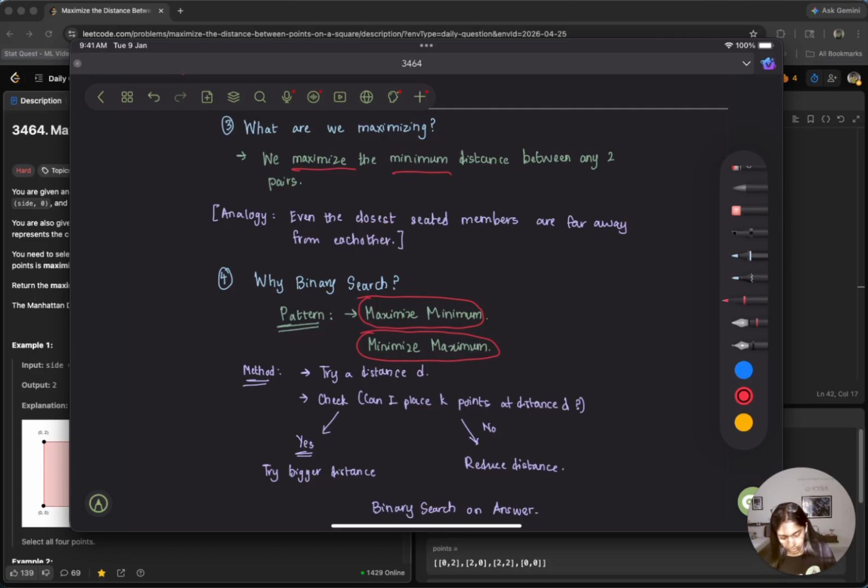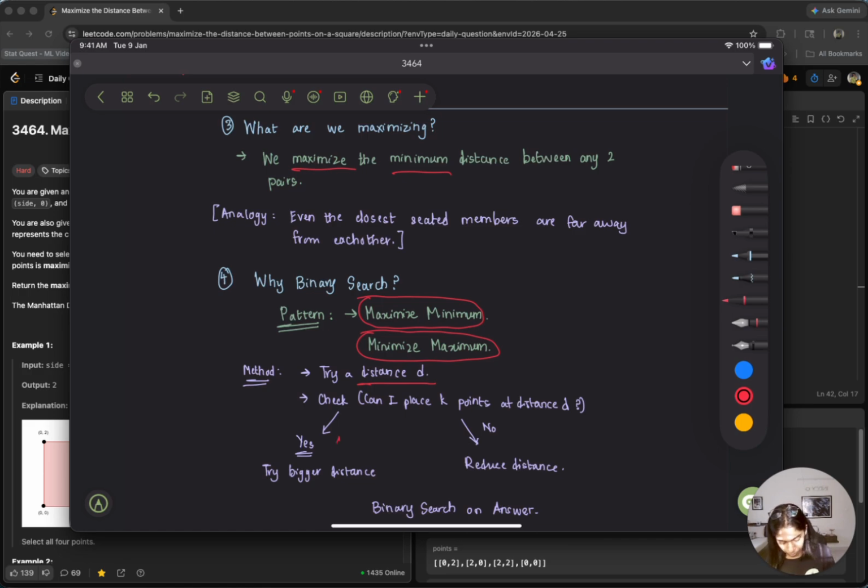So it would be like this. You try out a distance D. So we're trying to maximize this distance, right? You try out this distance D, and then you can check: if I use my minimum distance between 2 points as this value D, am I capable of placing K points within the given space that I have?